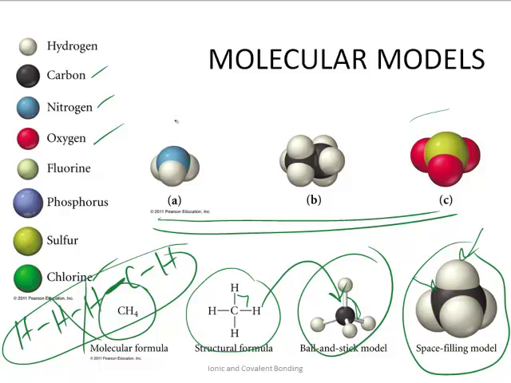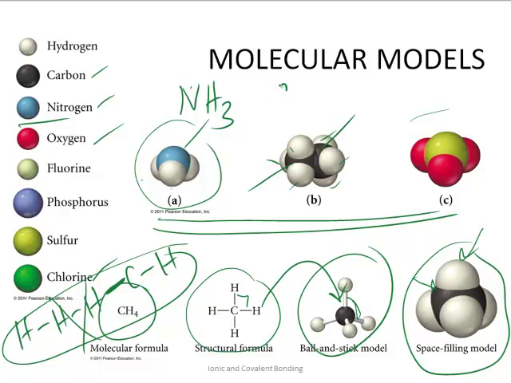So going through this, we can see that there's 1 blue sphere, that's nitrogen, 3 hydrogens, so of course that's NH3, or ammonia. It's a little bit harder to tell with these black spheres, but we can see that there's 2 carbon atoms, and then there's going to be 1, 2, 3 more hydrogens on each carbon atom.